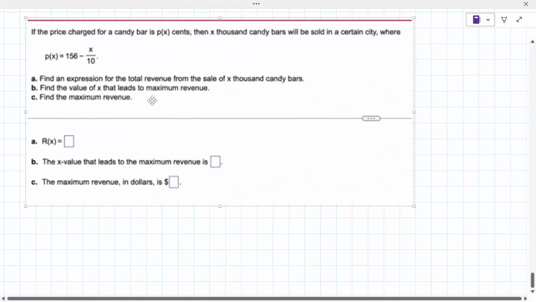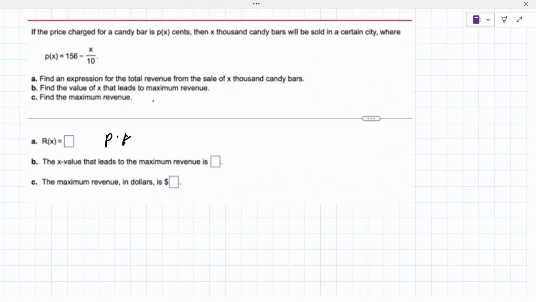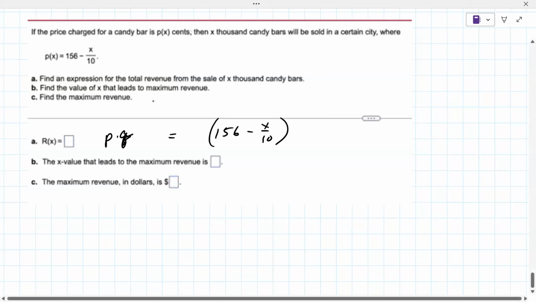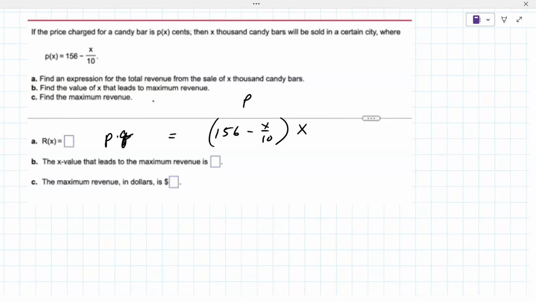So the revenue function, revenue is price times quantity. So it ends up being 156 minus x over 10 times x. Sorry, I guess the x should go on the other side. So this is P, this is Q. So that ends up being 156x minus x squared over 10.